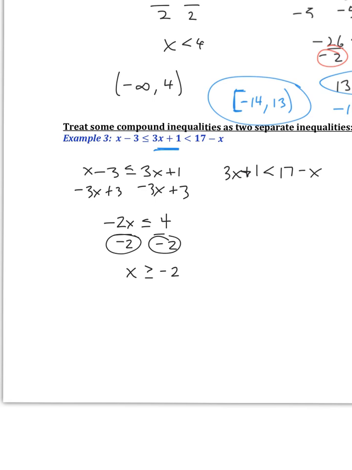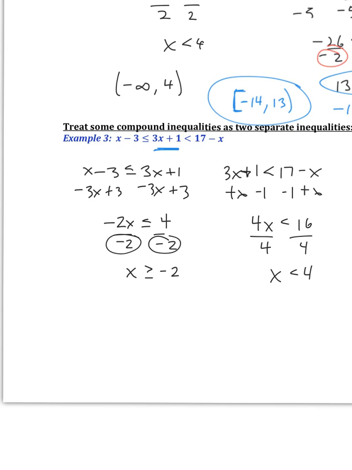And then over here, I am going to add x, subtract 1, and now I've got a 4x is less than a 16, divide by 4, and x is less than 4. So now I've got x is greater than or equal to negative 2 and less than 4.